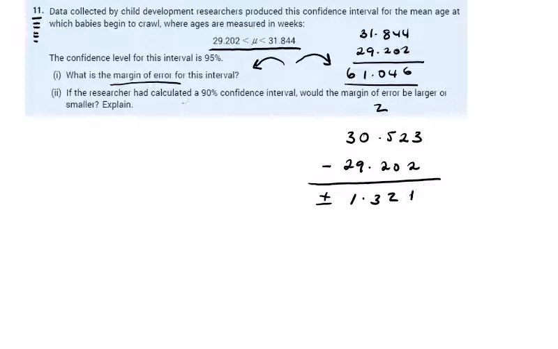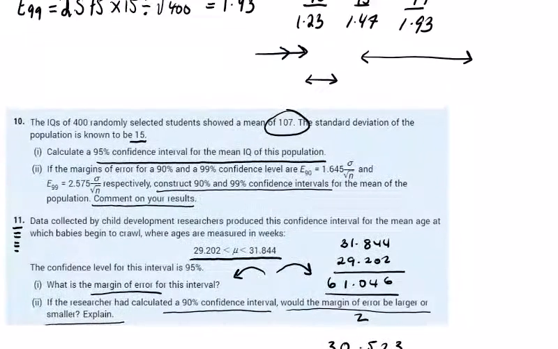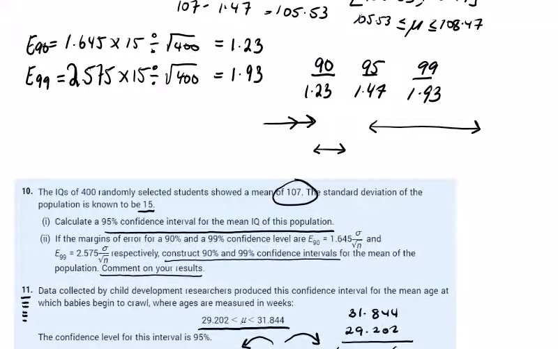If the researcher had calculated a 90% confidence interval, would the margin of error be larger or smaller? Well, from the previous question, we saw that as we went from 99 back to 90, the margin of error got smaller. So that's what we're saying here.